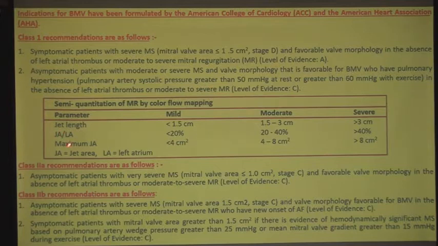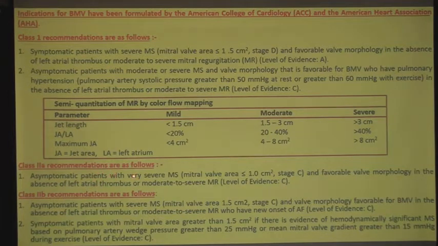Now the maximum jet area occupied in the LA, if it is less than 4 centimeter square, this is mild MR. If it occupies 4 to 8 centimeter square, this is moderate MR. If it occupies more than 8 centimeter square, this is severe MR. Then class 2A recommendations are as follows.